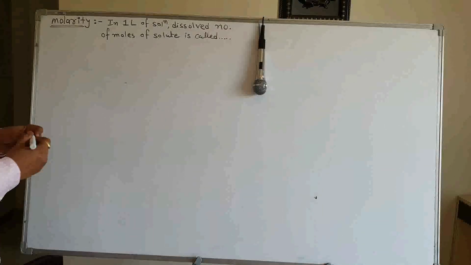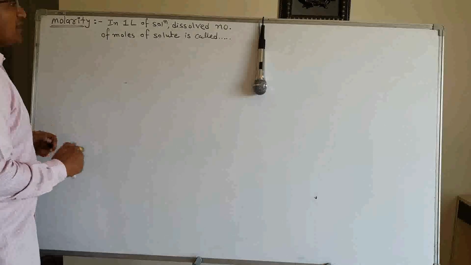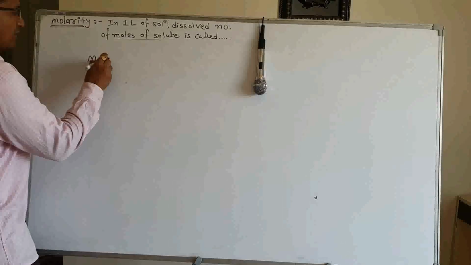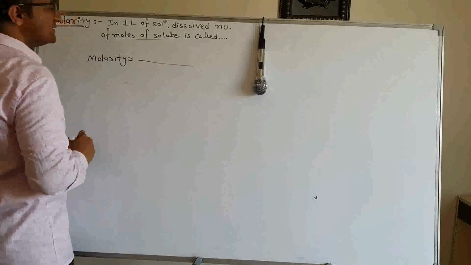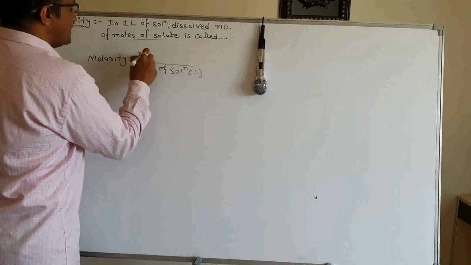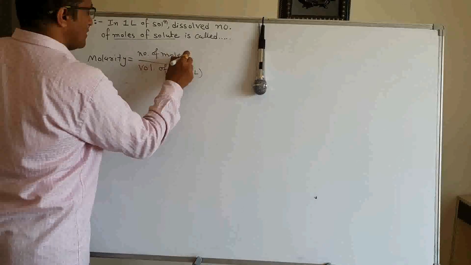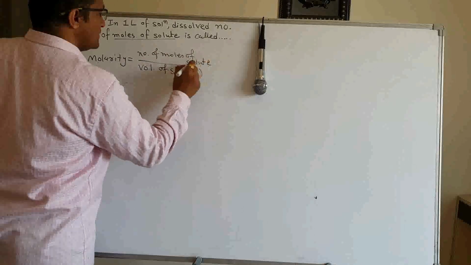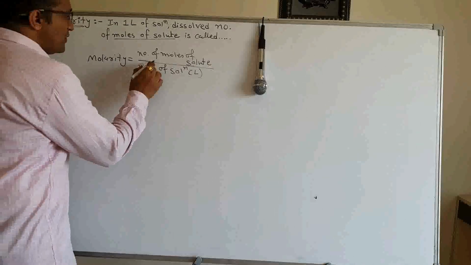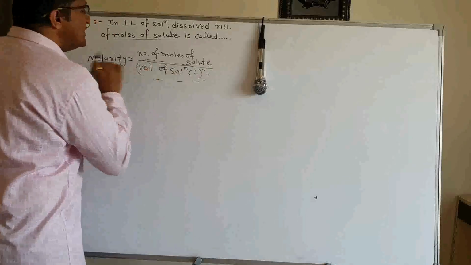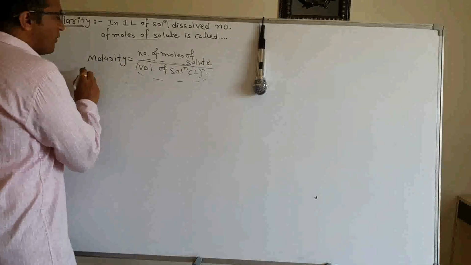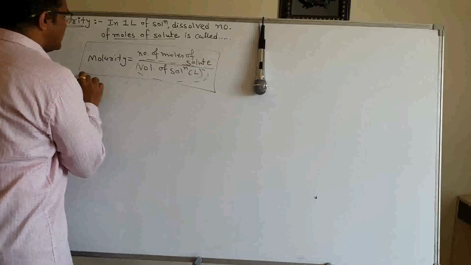Molarity. The number of moles of solute dissolved in 1 liter of solution is known as molarity. So if we take the simple formula, then the denominator is volume of solution in liter and the numerator is number of moles of solute. Generally, to make a definition in a formula, the denominator is taken as unit.